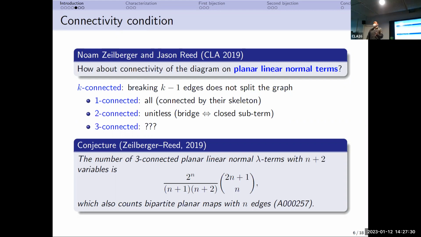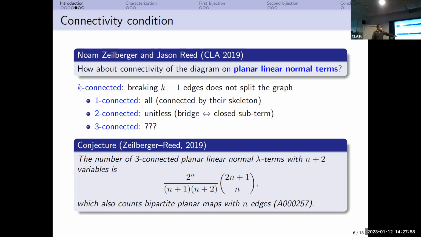Then for three-connected, well, already this is not very trivial because cutting any two edges, we need to consider a lot of cases. And using some computational experience, Noam and Jason Reed conjectured that three-connected planar linear normal lambda terms with n plus 2 variables are counted by this very nice formula.